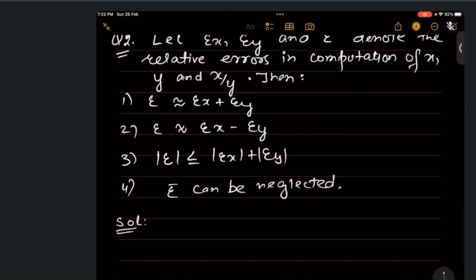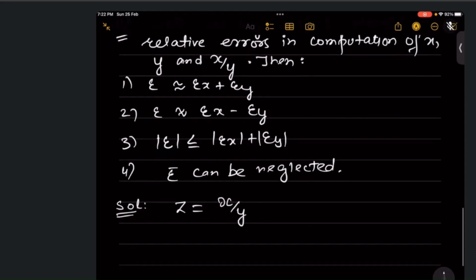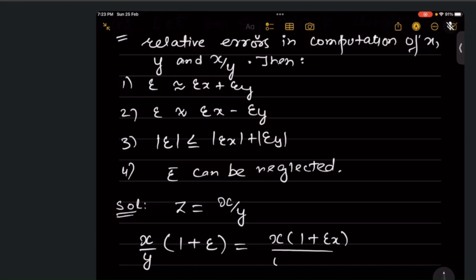See, again we will say let z is equal to x by y, right? And the error associated with it will be something like this. And we know that x can be written as x into 1 plus epsilon x, and y will be y into 1 plus epsilon y, right?